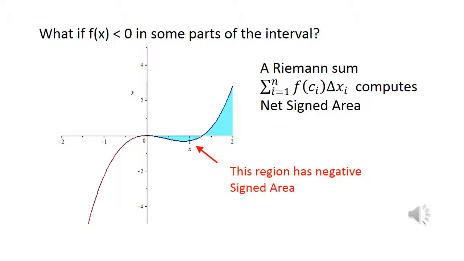Instead, it simply means that the Riemann sum computes the opposite of the area for that region. We call this net signed area. Signed because the sign of the area of the rectangle corresponds to the sign of f of x, and net because when we add together the positives and negatives, they net out to give us a grand total.